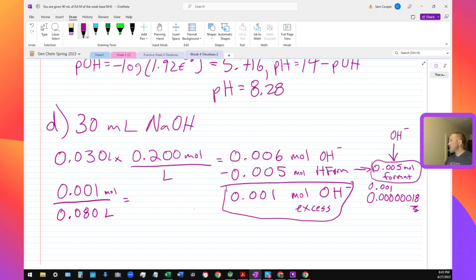When you divide 0.001 moles by 0.08 liters, you get this molarity.